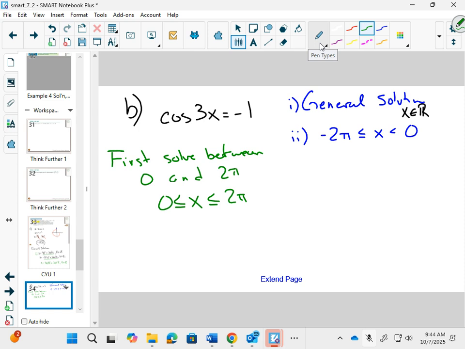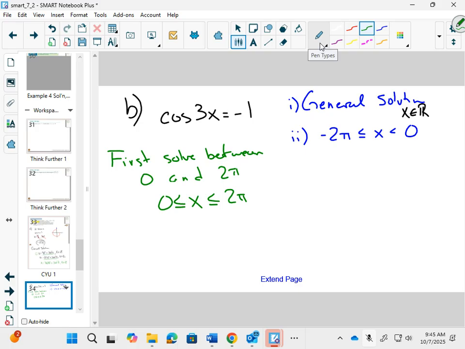I don't care. Our brains are naturally going to solve things once around the circle in the positive direction. If you have all your answers once around the circle in the positive direction, you're going to be able to do general solution or any other domain easily. So it's a good strategy to first solve between 0 and 2 pi.